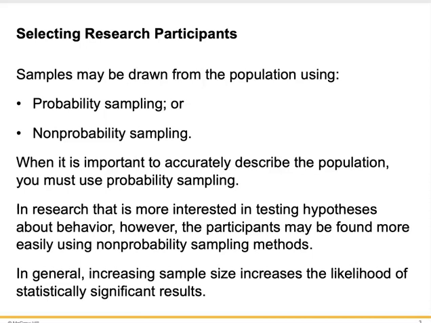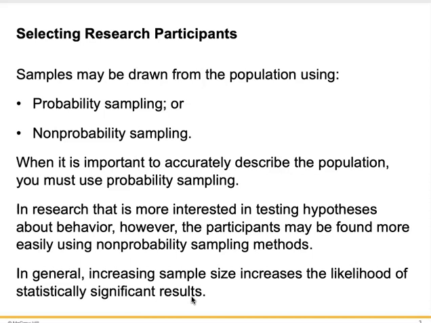Okay, so in the last chapter, generalization, we examined the issues of generalizing from rather atypical samples of college students and other conveniently obtained research participants. So samples may be drawn from the population using probability sampling or non-probability sampling. And so when it is important to accurately describe the population, you must use probability sampling.